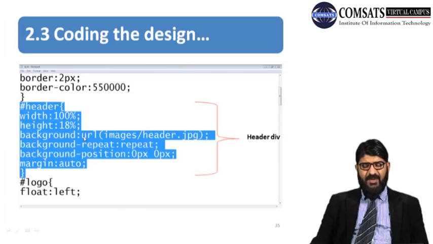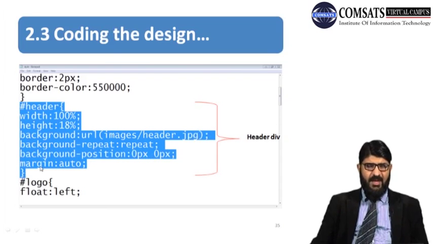Now the background is mentioned with a URL, and the URL is from the images directory, which is a sub local directory, and the header.jpg image is referred, and then the header should be repeated. Yes, so repeat is written, and then the background position of the header is given as 0 pixel and space with 0 pixel, the coordinates, and then the margin is given auto.